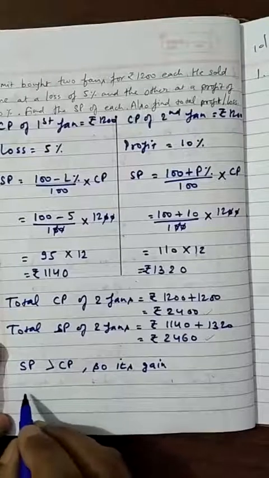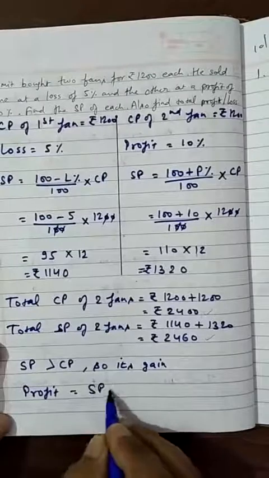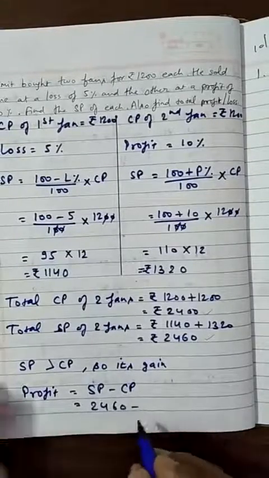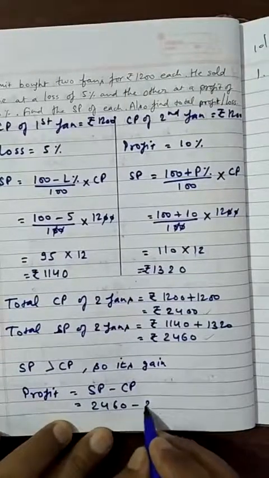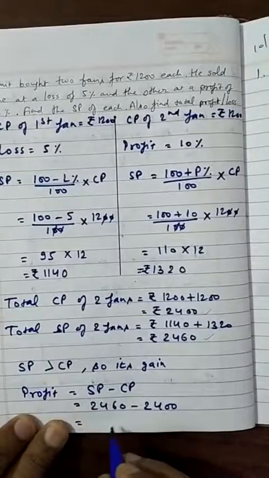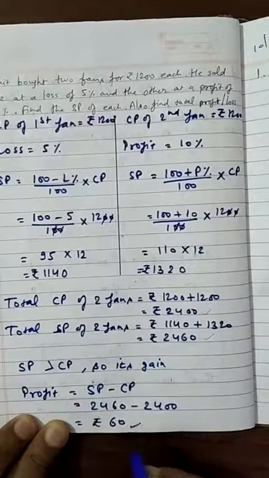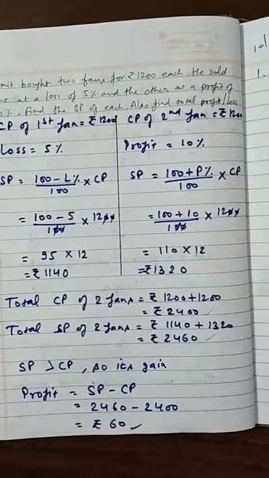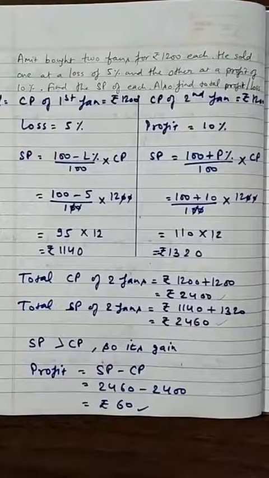Okay, so profit is equal to SP minus CP. 2460 is the selling price and 2400 is the cost price. On subtracting this, you get rupees 60. So this was the solution of this question. Similarly, you can practice the other questions also. Okay, thank you.